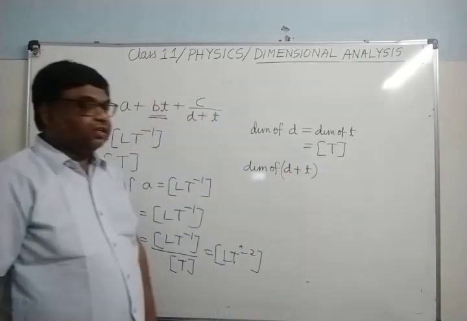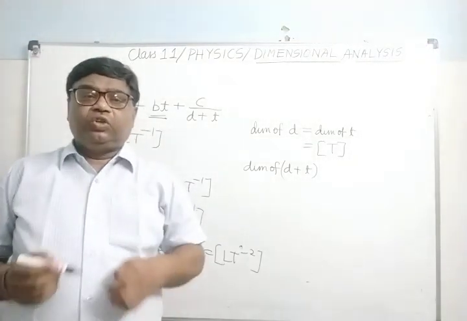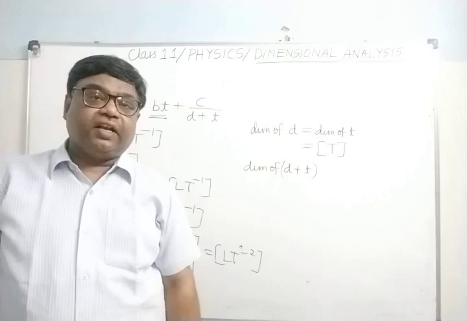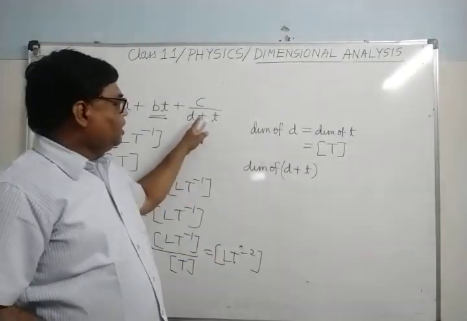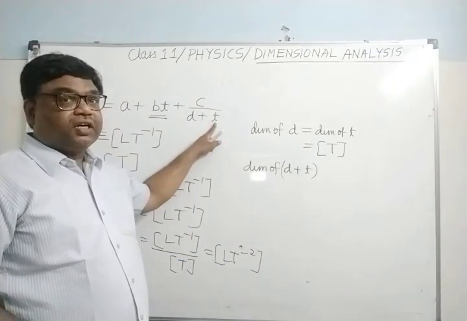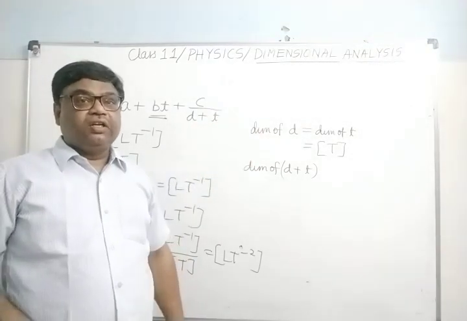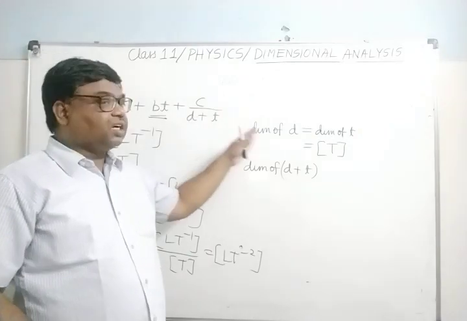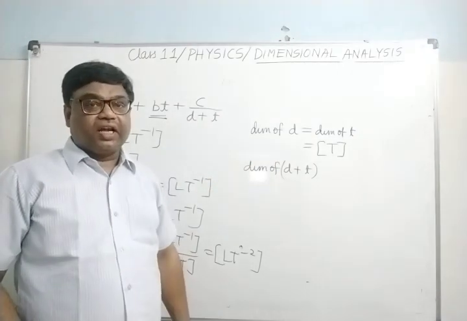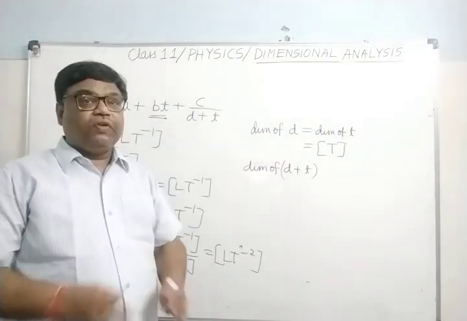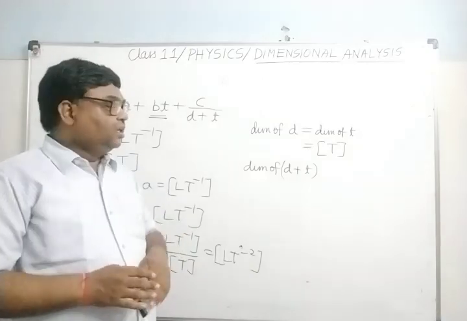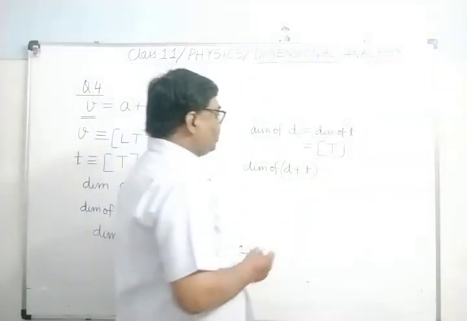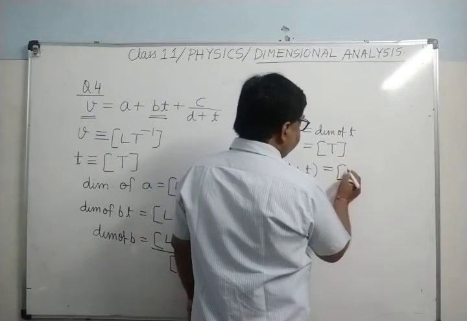See here, units are never added, dimensions are never added. If you add 10 seconds and 25 seconds, it will be 35 seconds. The unit will remain the same. It will not be like second plus second means 2 seconds. It is clear? So the dimension of D plus T will be the same as the dimension of D, the same as the dimension of T.